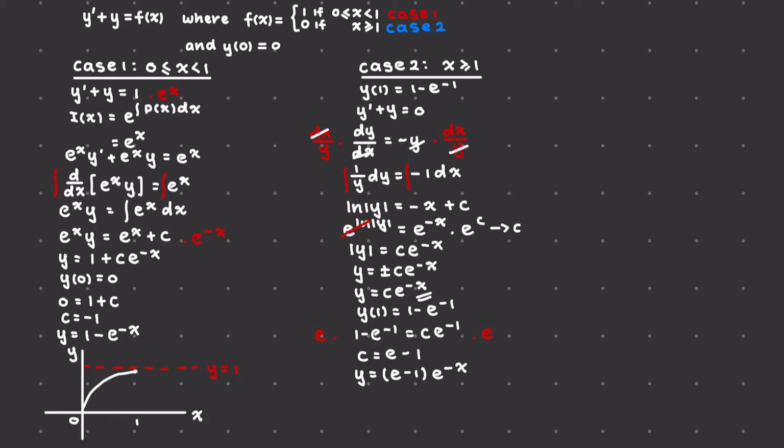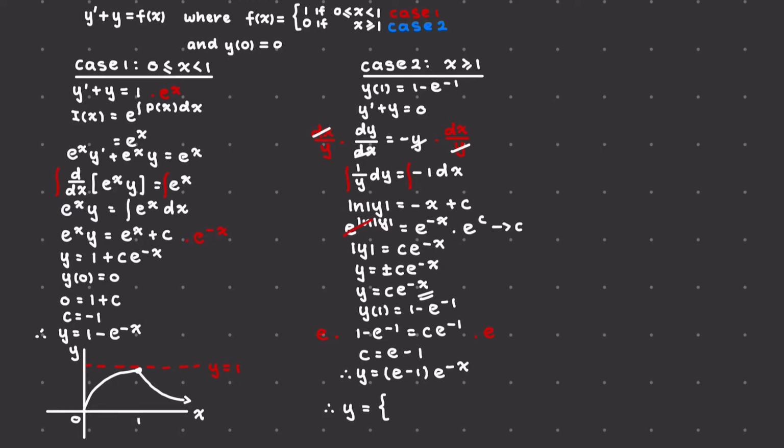And so, graphing our second equation here, we will get something like this. Okay? And our final solution for this first example will be y equals this thing right here, as well as this thing right here.